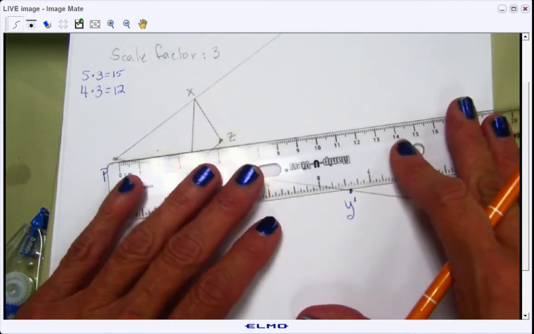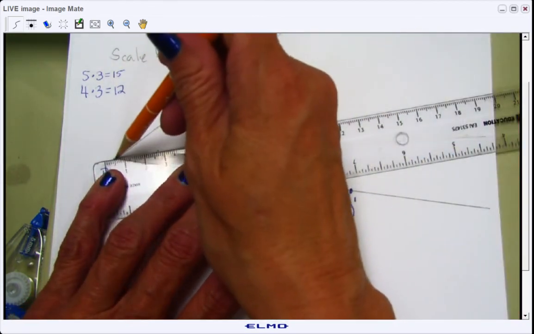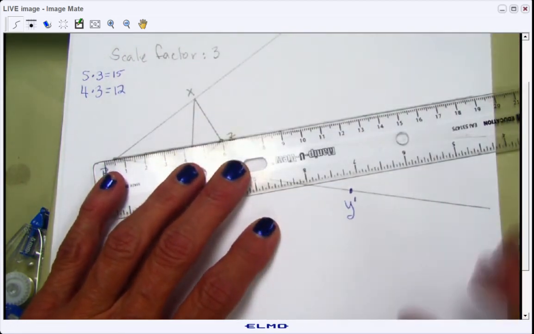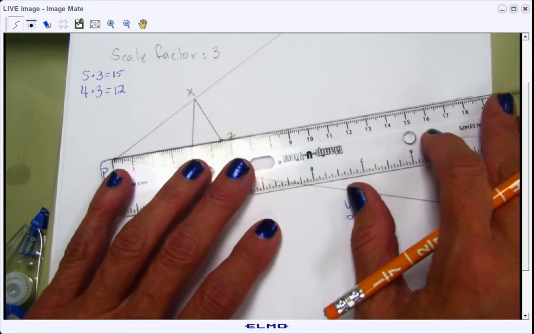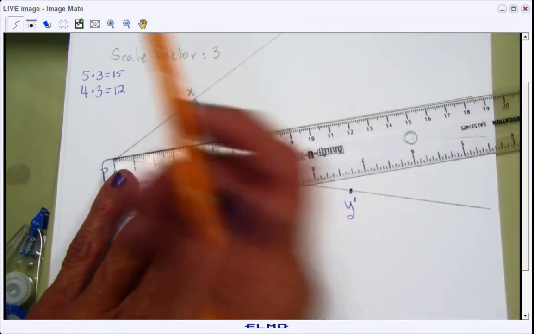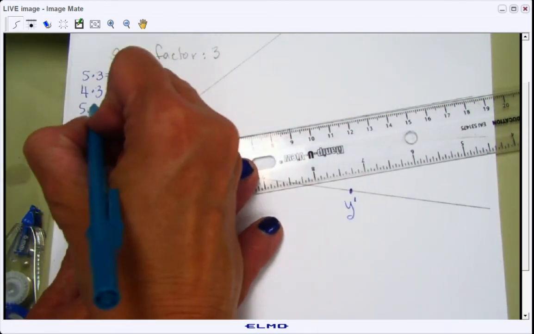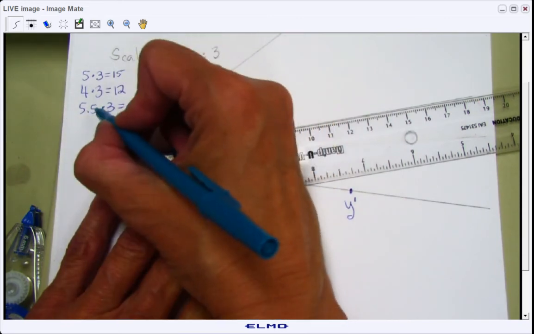Then I'm going to draw a pencil line from here to here. I just randomly picked a space. So, oh, look at that. That's like 5.5. So 5.5 times 3. Okay, I don't know that off the top of my head.